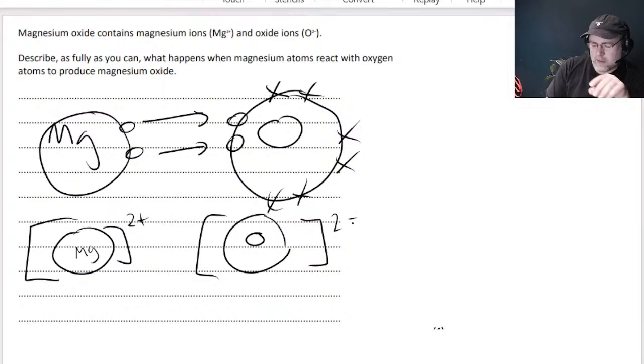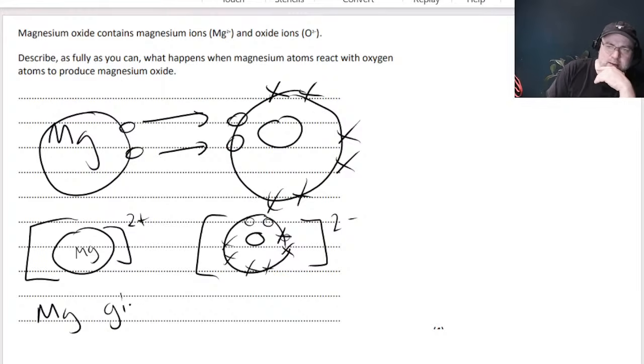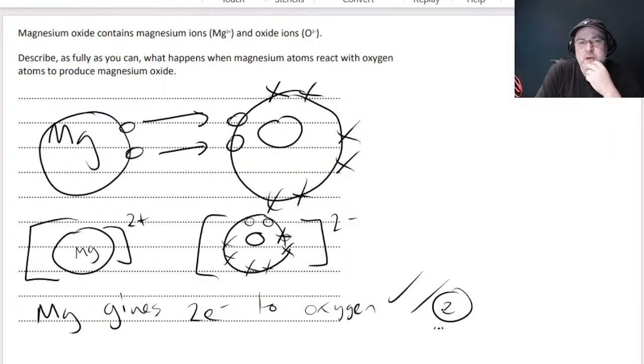So what we're going to do is put this into words: Mg gives 2 electrons to oxygen. Believe it or not, that's 2 marks, because you've said electrons go from magnesium to oxygen and you've given the correct amount, which is 2.